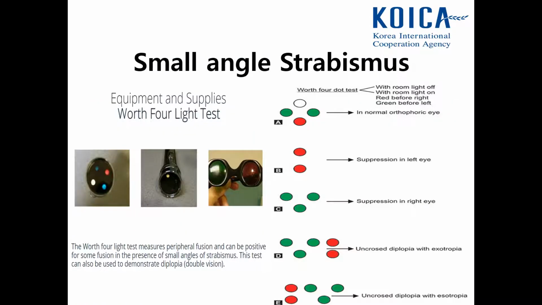If patients have a large amount of deviation, we can check them by occluder or prism. But if the patient's deviated angle is very small, we can use the Worth four light test. In this case, patients who wear green-red glasses can respond to various types of light illumination.